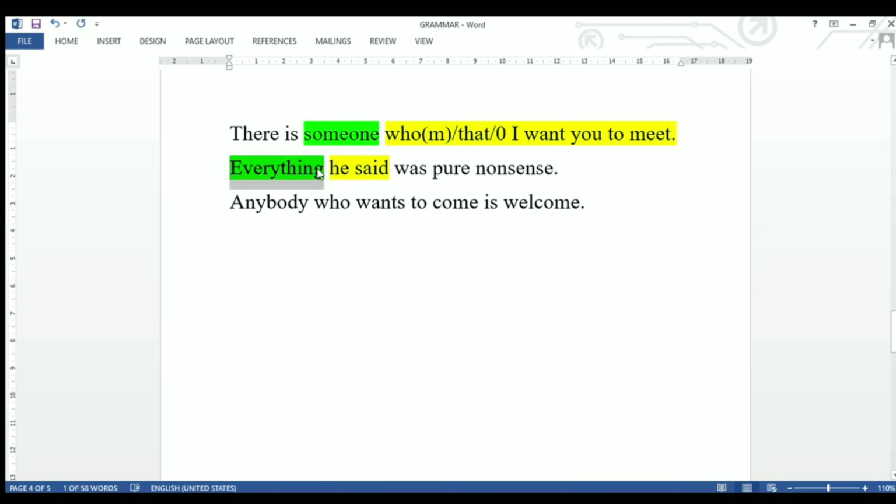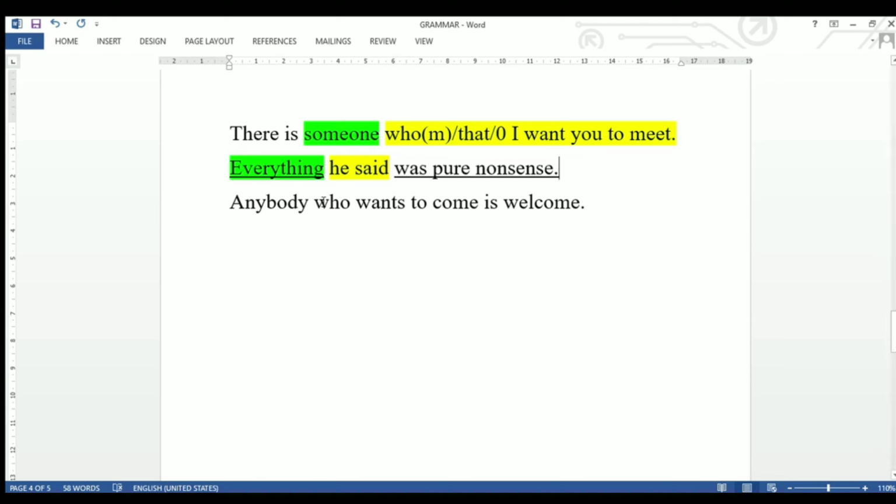Let me underline it. Everything was pure nonsense. This is a main clause. The first clause is everything was pure nonsense, and the second clause is he said it, or he said nonsense.